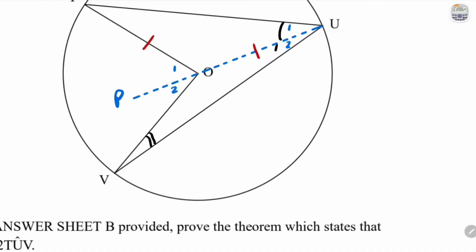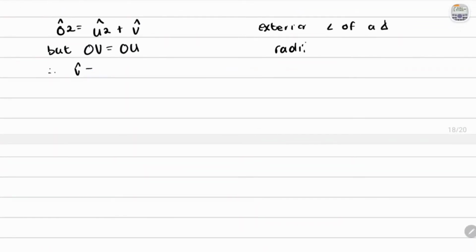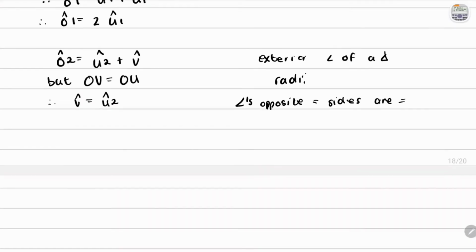So angle V is equal to angle U2, because angles opposite equal sides are equal. Because they are equal, now we can rewrite this equation for the exterior angle of a triangle. It means that angle O2 is equal to angle U2, and in place of V, we can replace that with U2 since V and U2 are equal.